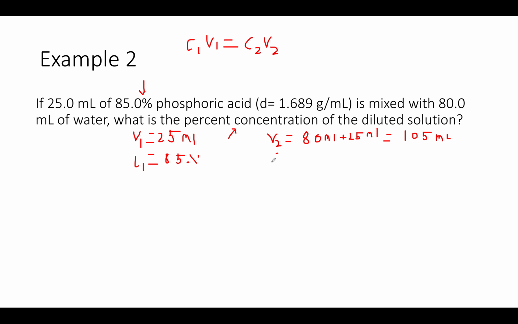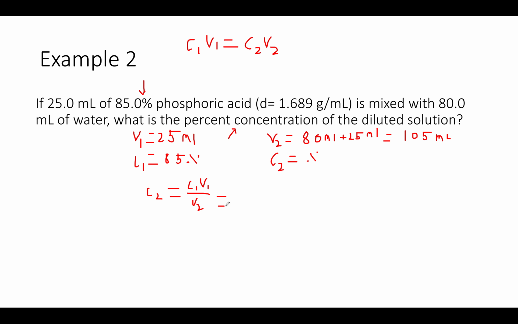And we're looking for the concentration of the diluted solution, which will be a mass percent, but we don't know yet. If I manipulate the equation for the C2 variable, I get C2 equals C1V1 over V2.